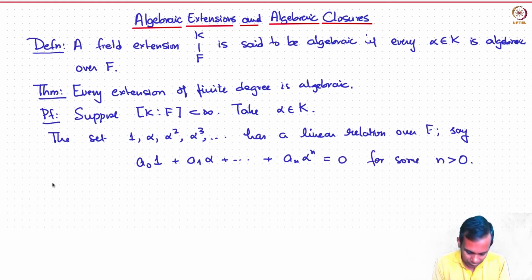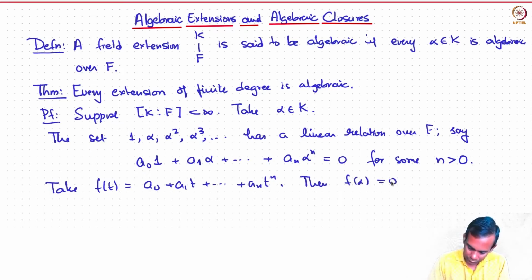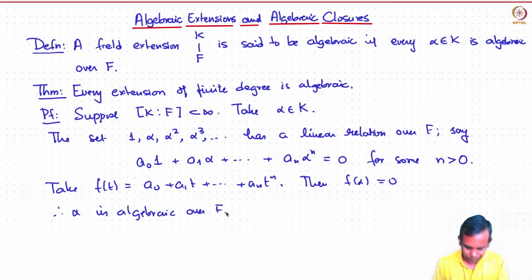If we take the polynomial f(t) to be a0 plus a1 t plus and so on up to an t to the n, then this linear relation is just saying that alpha is a root of the polynomial f, and therefore alpha is algebraic over F. Okay, so every extension of finite degree is algebraic.